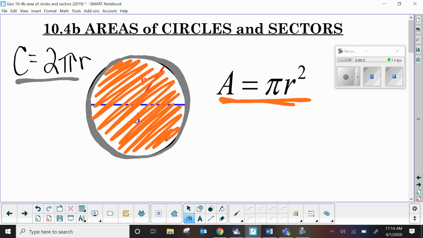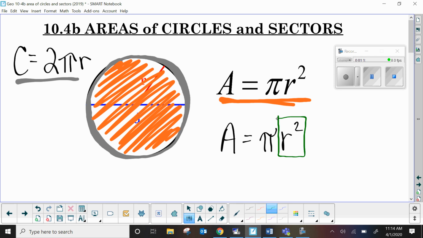The formula for finding the area is pi r squared. Remember, order of operations tells us we have to do the exponent before we multiply, so make sure you do r squared before you multiply by pi.